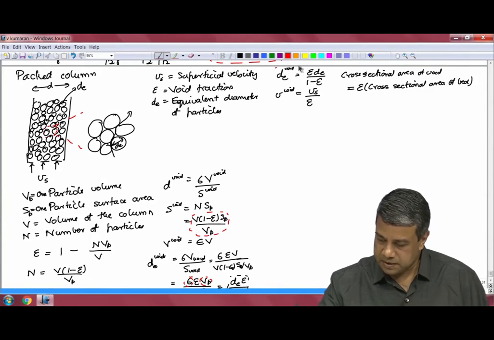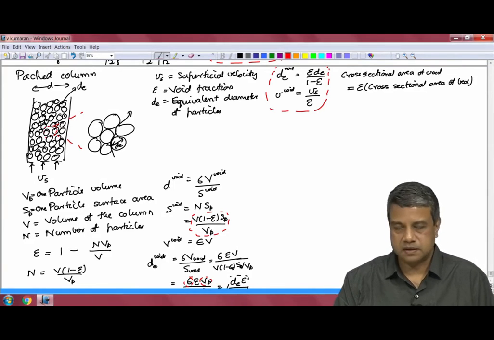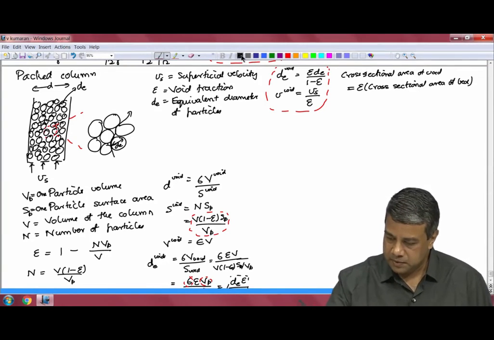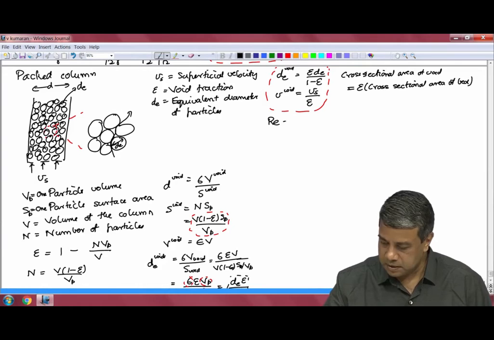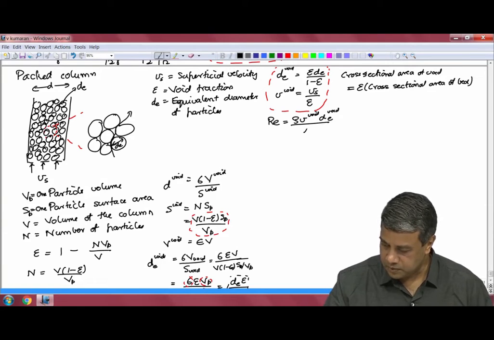And it is on the basis of these length and velocity scales that you define the dimensionless groups. In particular, the Reynolds number is equal to rho times V void times d void equivalent by mu.